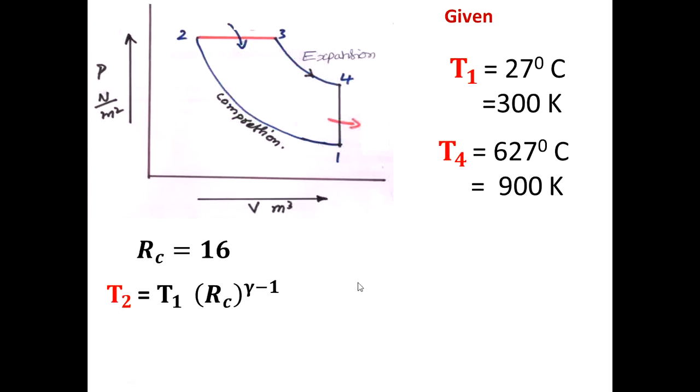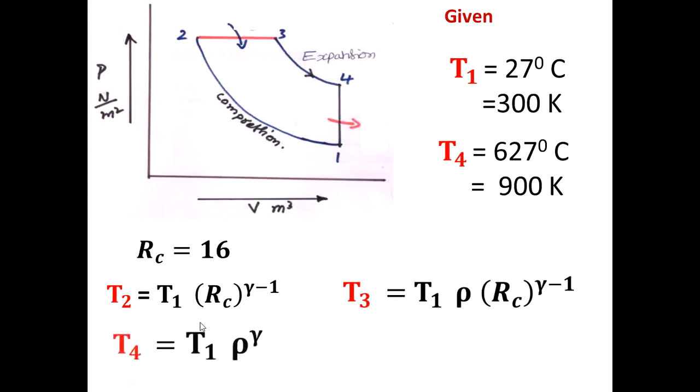You must know everything, otherwise you can't solve this problem. That's why you must write all the temperature relations yourself. T3 is equal to T1 rho rc to the power of gamma minus 1, and T4 is equal to T1 rho to the power of gamma. Therefore, you can do this problem very easily.